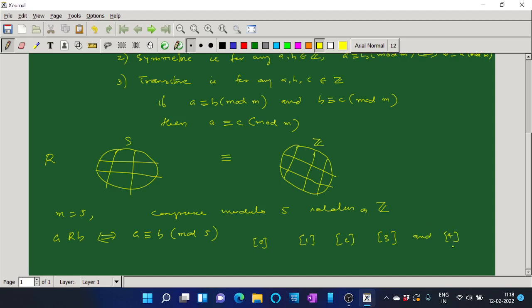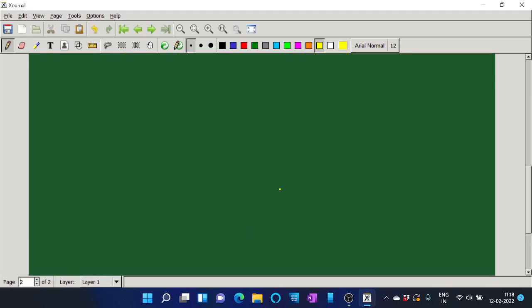where [0] is the set of integers which are divisible by 5. That is, those integers which are congruent to 0 modulo 5, which leave the remainder 0 when divided by 5.